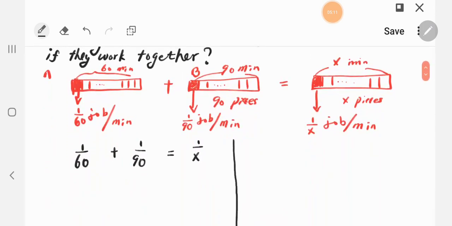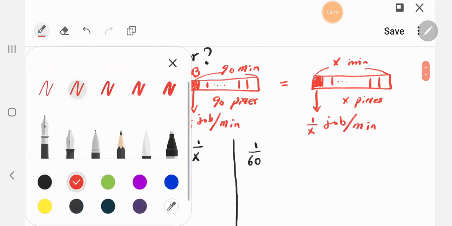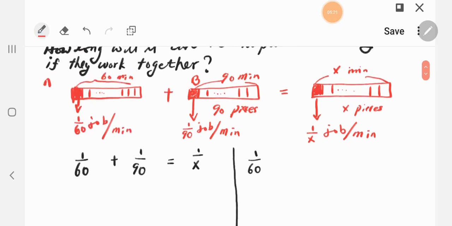The work rate for the first person is 1/60 job per minute. If both painters work, it takes X minutes, so multiply this by the time, X minutes.